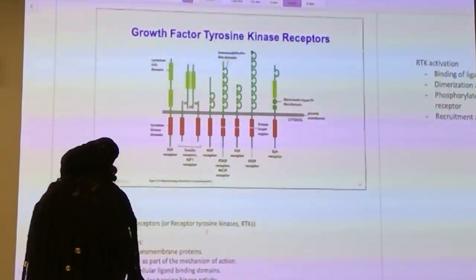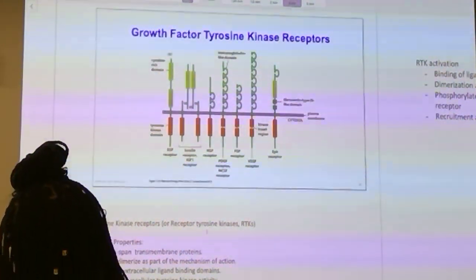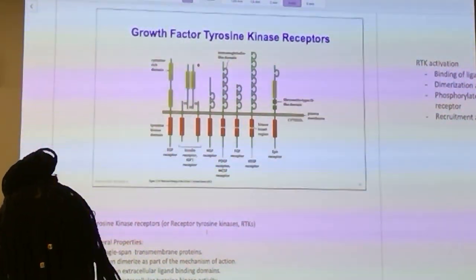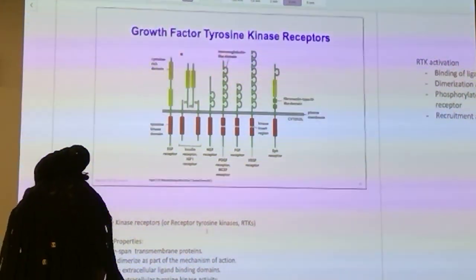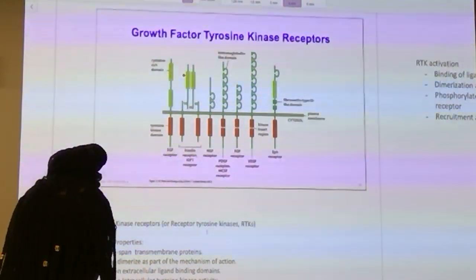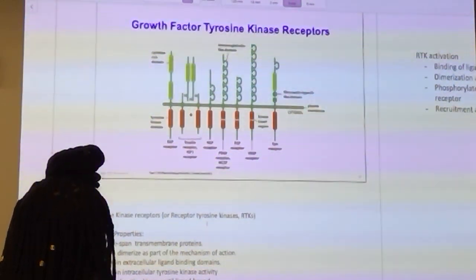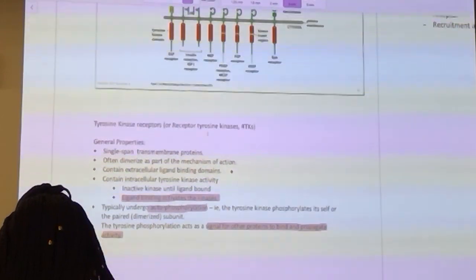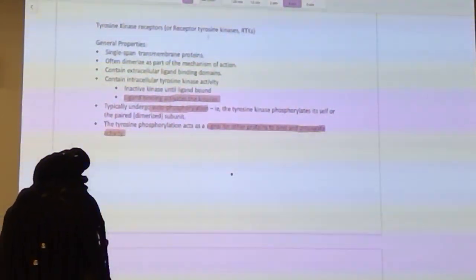Okay, so the two types of tyrosine kinase receptors, your monomers and then your dimers. Dimers are made of two, monomers are made of one. Monomers have to associate with another monomer, because you need two receptors to activate it.